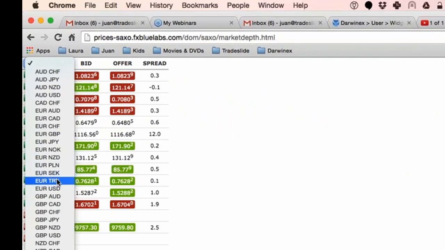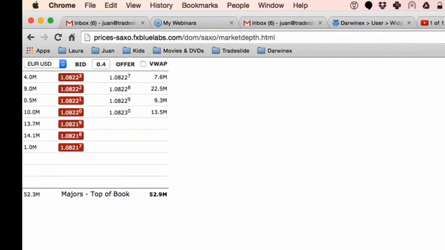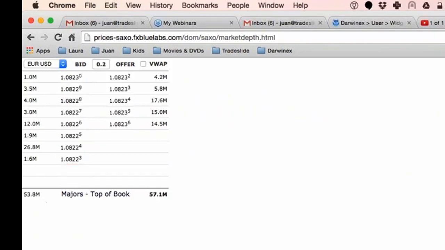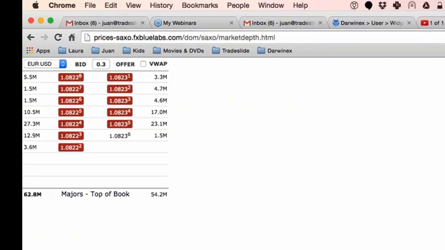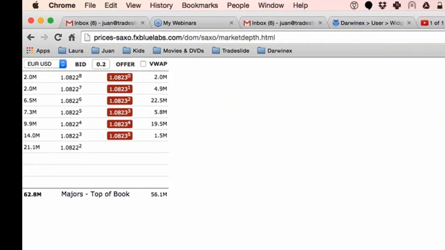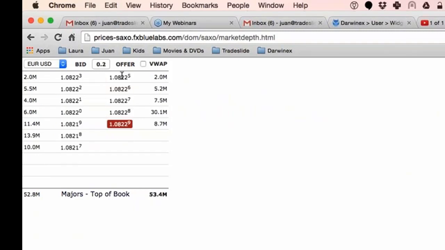Let's say we want to see the depth of the euro-dollar order book: there's the top of book, which is what you would see in, say, MT4. But then there's also the market depth, where you can see how much volume you have on the bid and on the ask side, how it's moving, and how your price is going to get slipped if you hit the market right now with a given amount of volume.